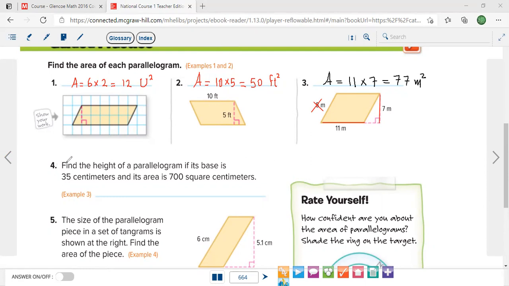Now in problem number 4, find the height. So you must be given the area. Find the height of a parallelogram if its base is 35 centimeters and its area is 700 square centimeters. So H equals the area divided by the base. The area is 700 divided by the base, 35, and this will give you 20. Of course, 20 centimeters.